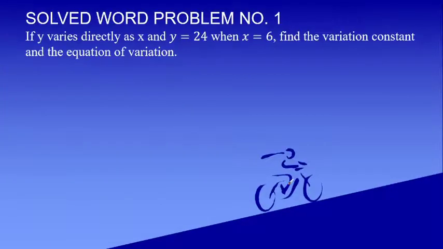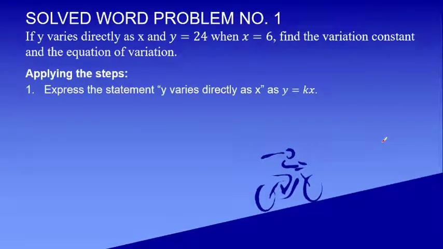Ngayon, proceed tayo. If y varies directly as x and y equals 24 when x is equal to 6, find the variation constant and the equation of variation. Next, applying the steps. So, step 1, express the statement y varies directly as x as its equation.